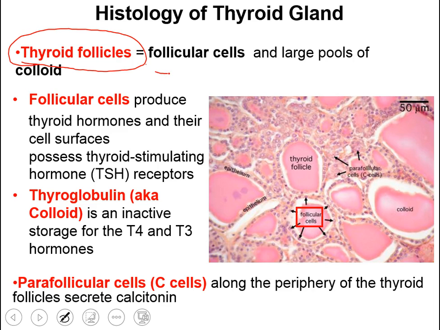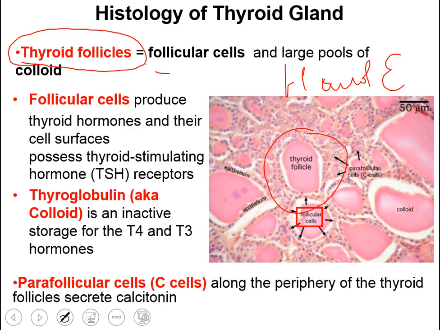Hundreds of thousands of these colloid pools constitute the majority of the gland tissue, making thyroid recognizable on routine hematoxylin and eosin stain, as it's shown here, as a system of bright pink containers of gel-like colloid fenced in by hormone-releasing follicular cells which have strong basophilic nuclei.